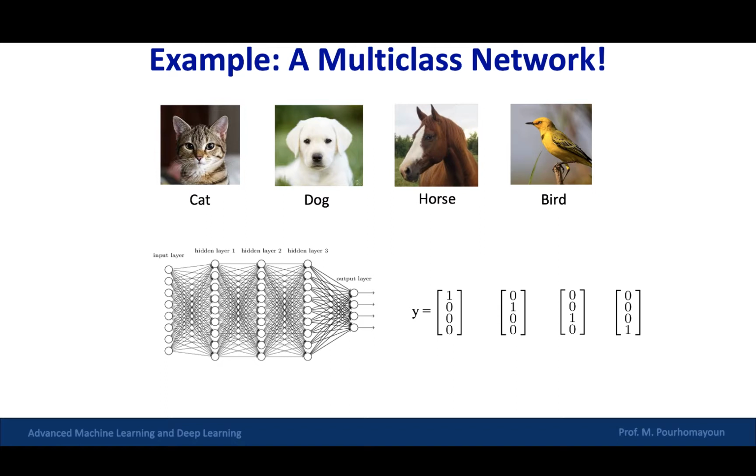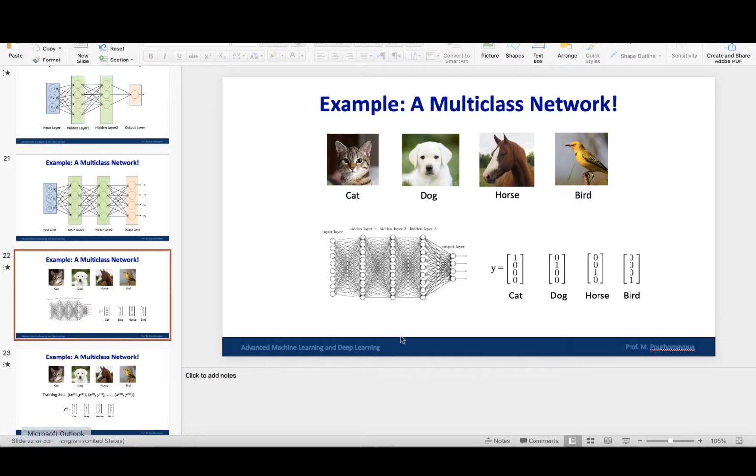So rather than having one output that gives me 0, 1, 2, 3, 4, 5 to 9, I can do one-hot encoding for the output so that this represents 0, this represents 1, this represents 2, and so on. Then your neural network will have several outputs.